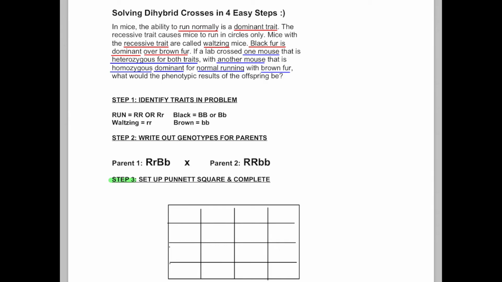the FOIL method. So FOIL stands for first, outer, inner, and last. Like so. The first R combined with the first B makes the first gamete combination, capital R, capital B. The first R can also combine with the second, or outer, B to make this gamete combination, capital R, lowercase b.